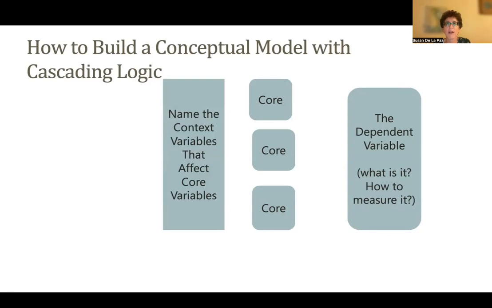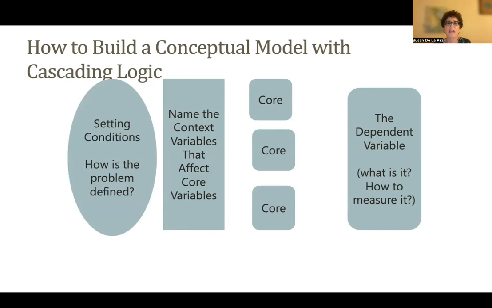So we have the intervention elements, then there's some contextual elements that affect that, and then there are actually some setting conditions that are the bigger context about how you define the problem. Okay, so that's almost done, but basically we want a causal inference for, it could be one core element, or I could actually have a box where all three core elements are going on.